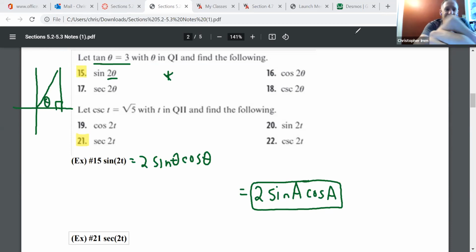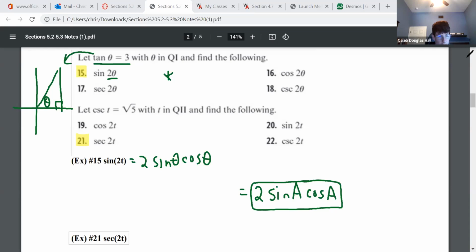If my tangent of theta is 3, or 3 over 1, what are the sides of my triangle, Caleb? The opposite side is 3. Yes, it is, and that would make the adjacent side 1.